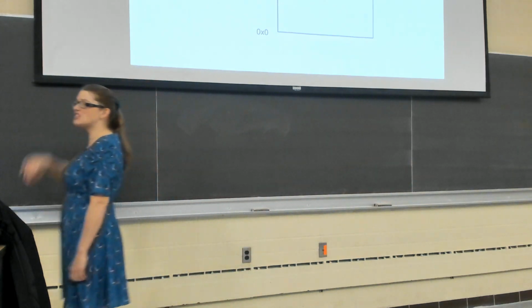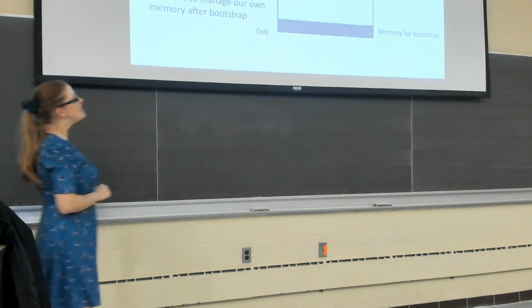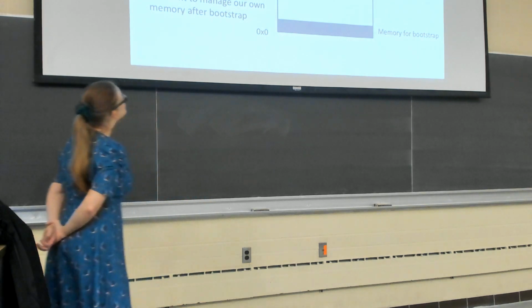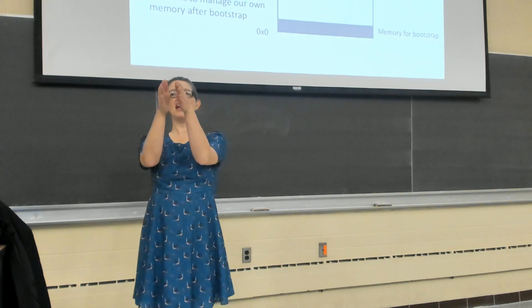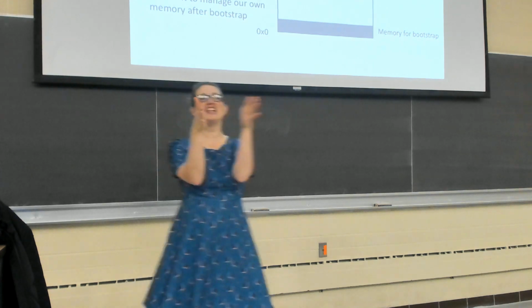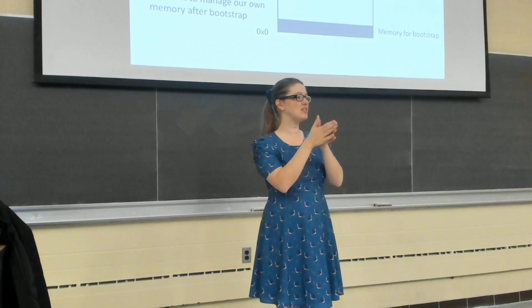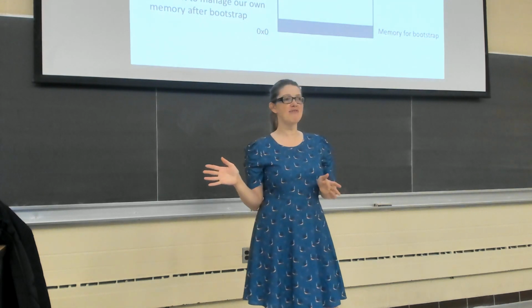So we have some physical memory here. And during the bootstrap process, we use this function called ram stealmem, which takes the pointer for where free memory is, and literally takes memory from that pointer and advances it. It physically takes some memory that never gets given back.